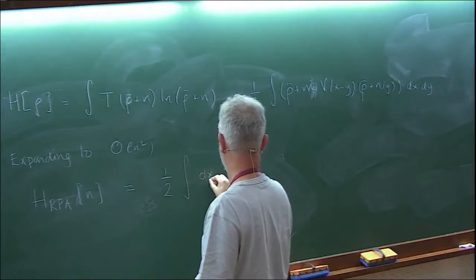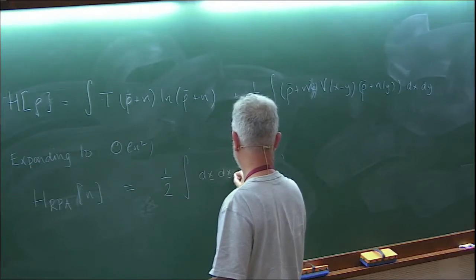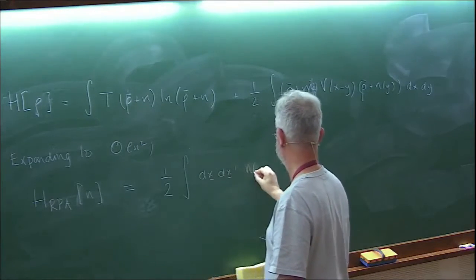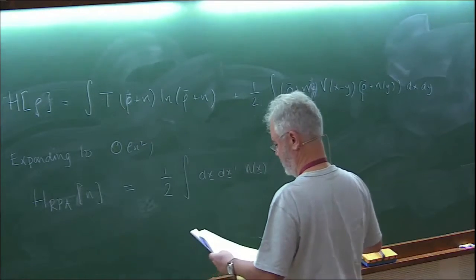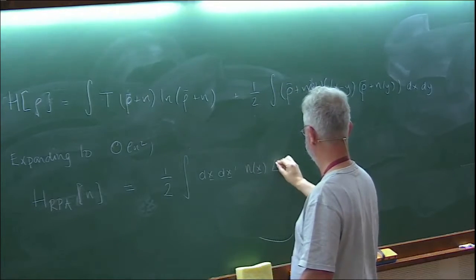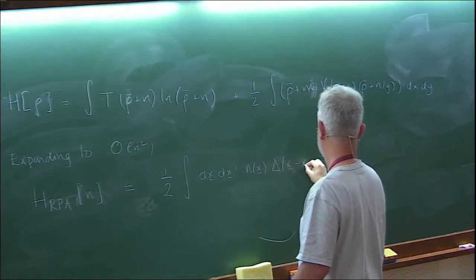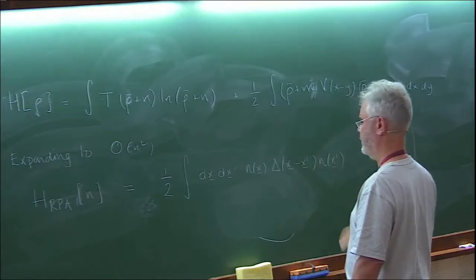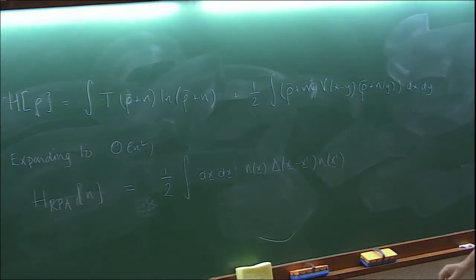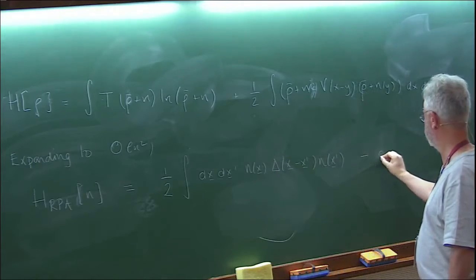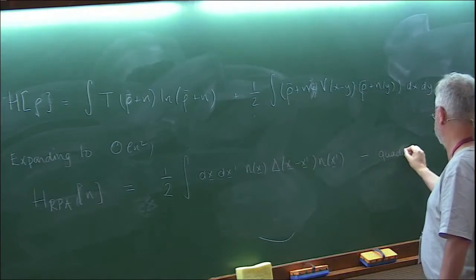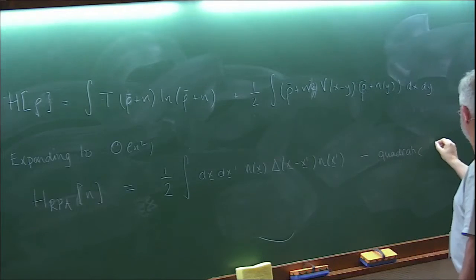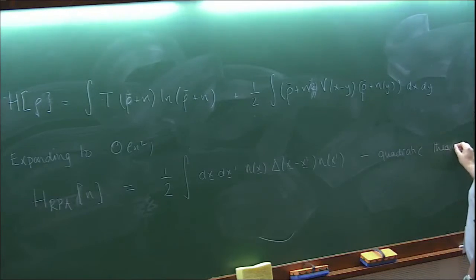I can write it in this form, the integral dx dx prime, n of x, delta of x minus x prime, n of x prime. So you have a quadratic theory for the density fluctuations, a Gaussian theory.